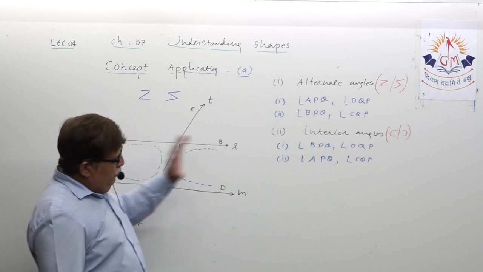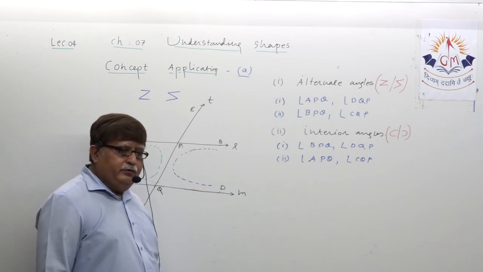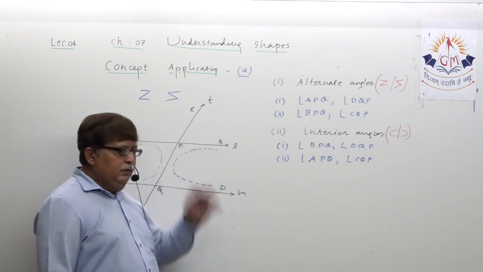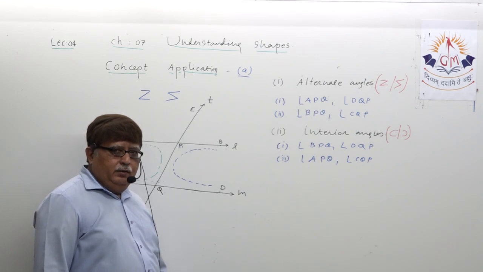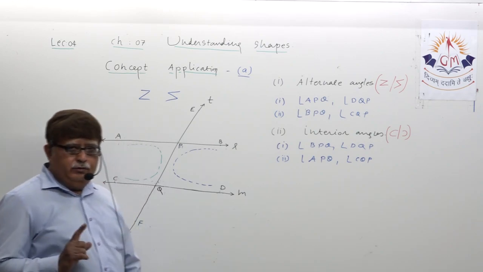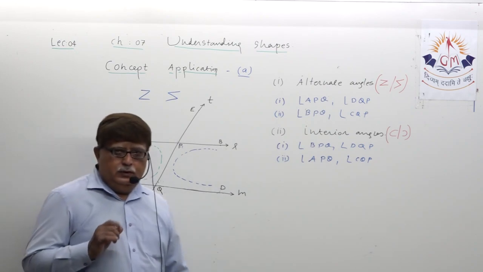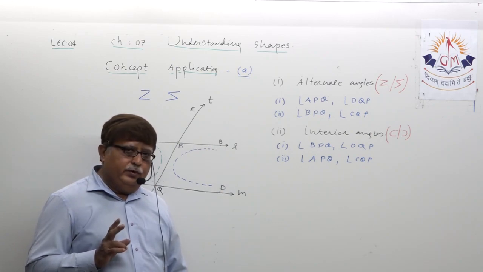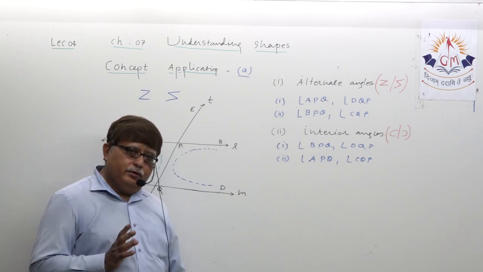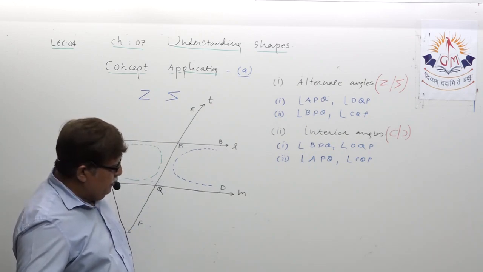So you understand that by the intersection of three coplanar lines, we are able to get two pairs of alternate angles and two pairs of interior angles.